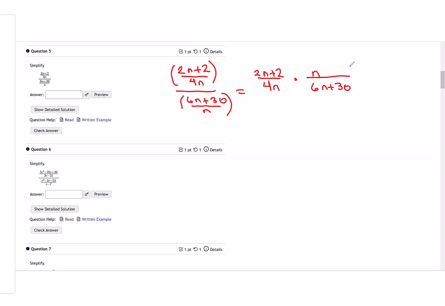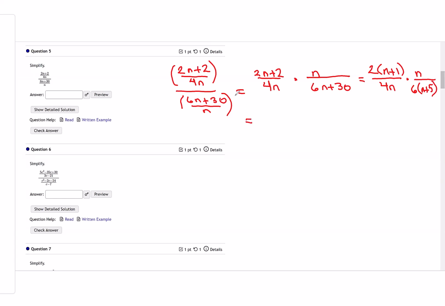Now I want to simplify, which means I have to start factoring. Here I have 2 times n plus 1 divided by 4n times n divided by 6 times n plus 5. 6 is our greatest common factor.